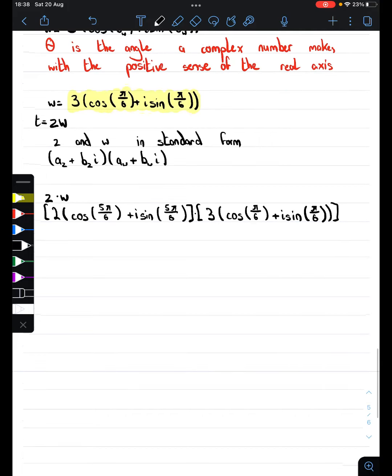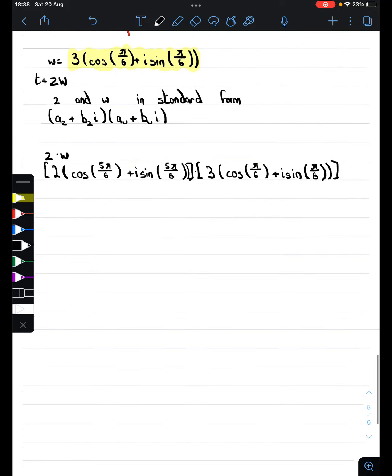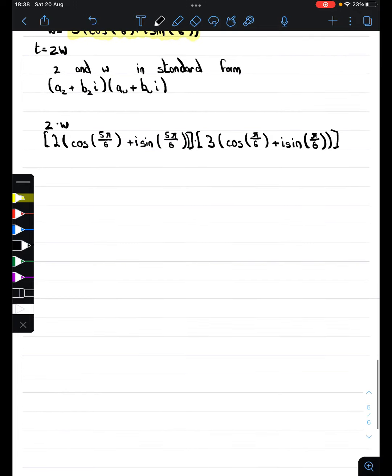Okay, and when you multiply two complex numbers in this form, there's a trick you can do.